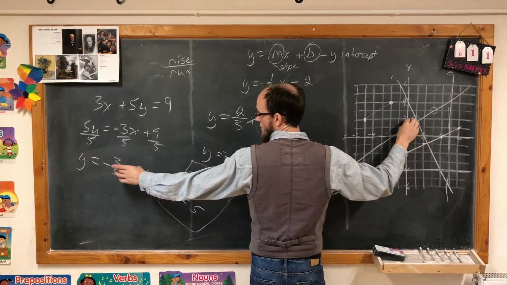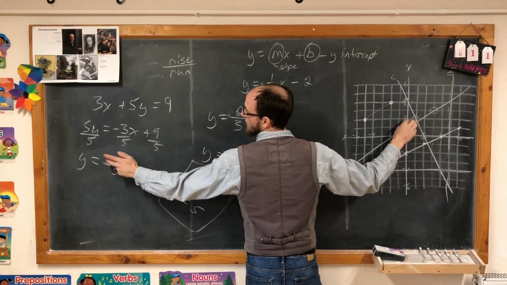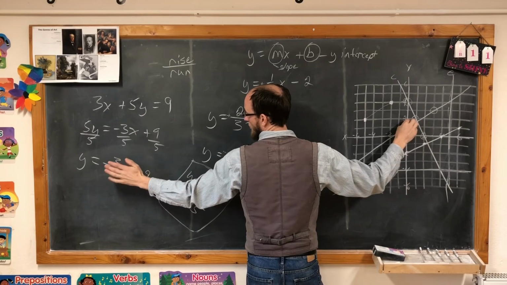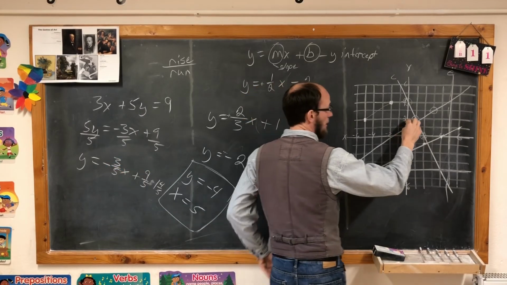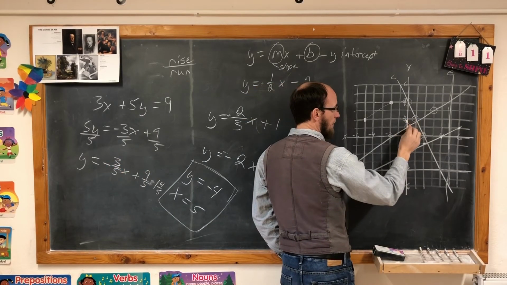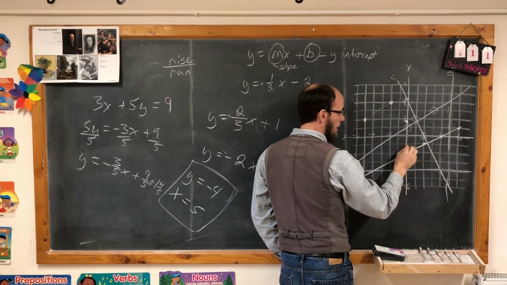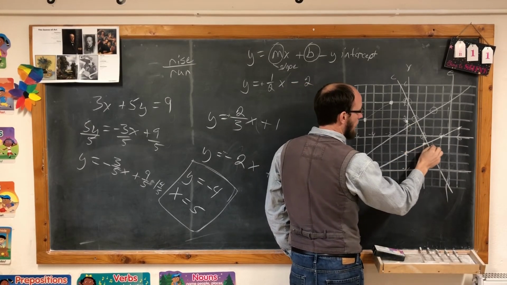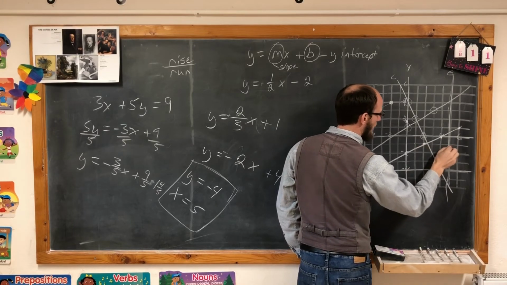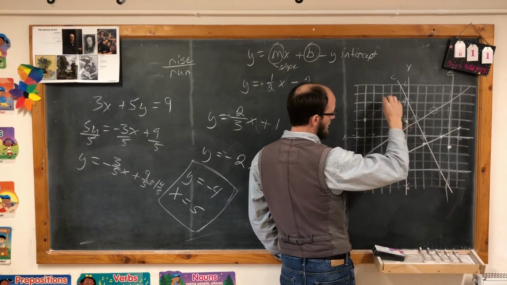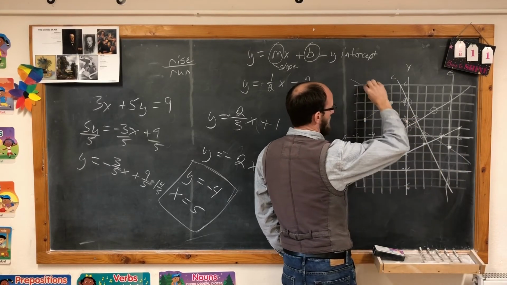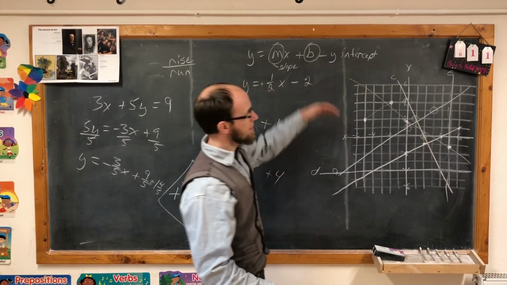And a drop of 3 over a run of 5. So from this point, we're going to go down 3. 1, 2, 3. And we're going to run forward 5. 1, 2, 3, 4, 5. There's our next point. 2 points is all you need to make a line, and we should be able to make a line that would go through there about like that. Okay, it has a bit of a curve in it.